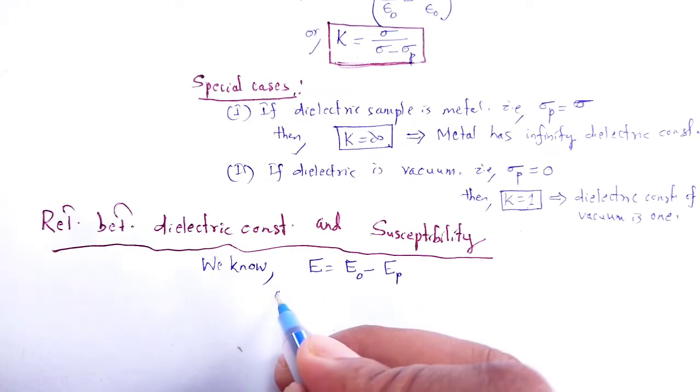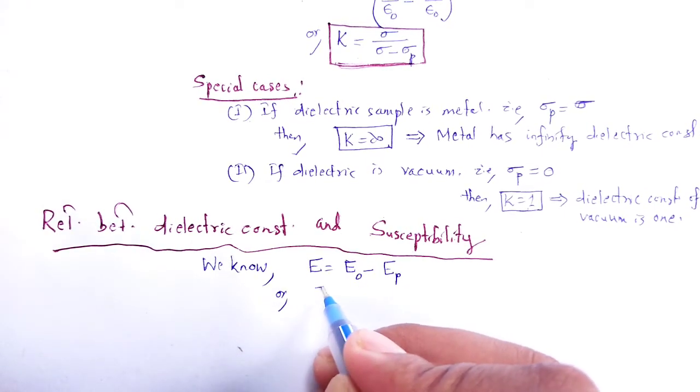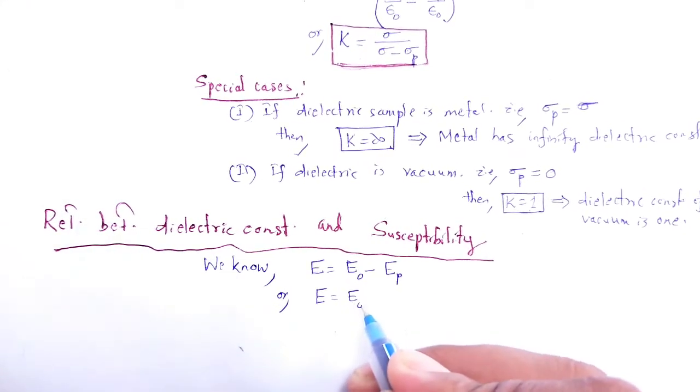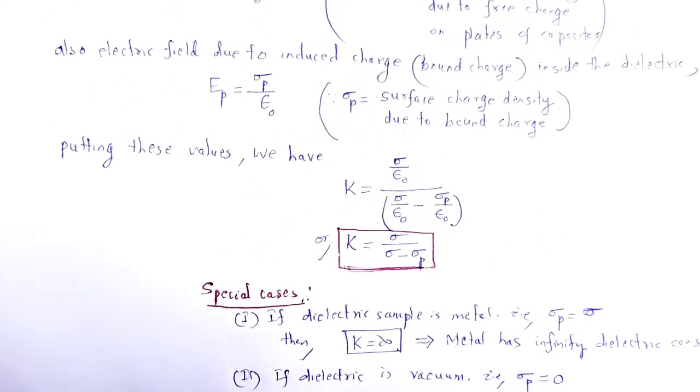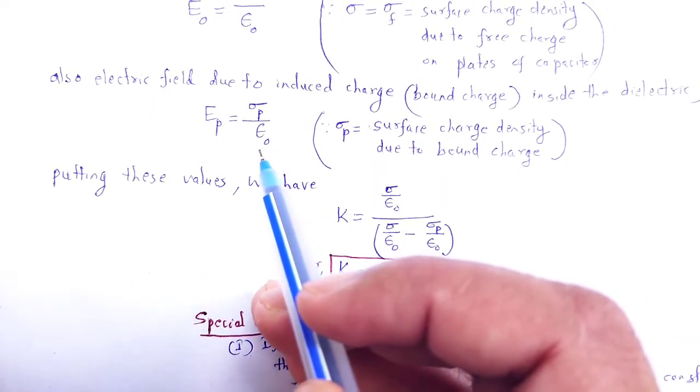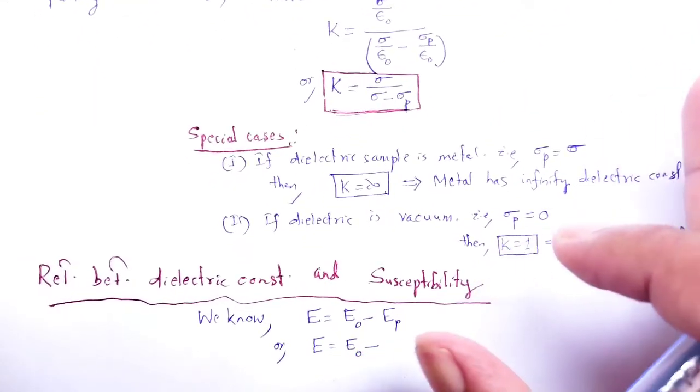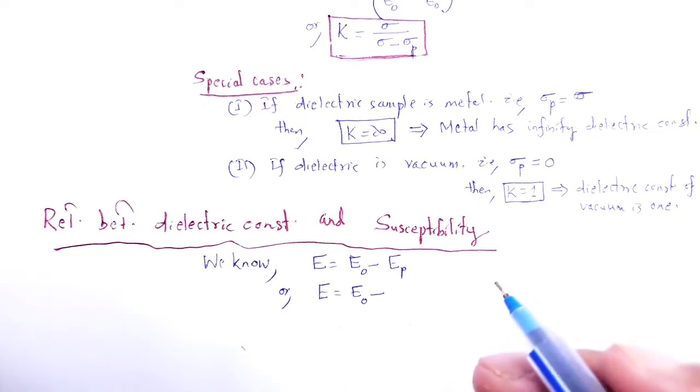Therefore, E is equal to E naught minus, in place of EP we can write sigma P divided by epsilon naught.